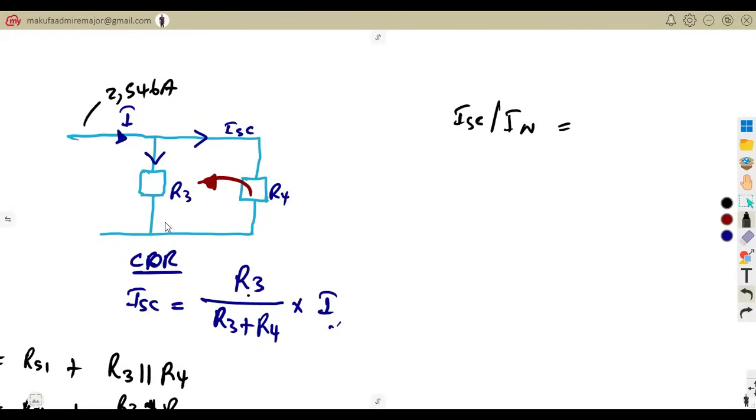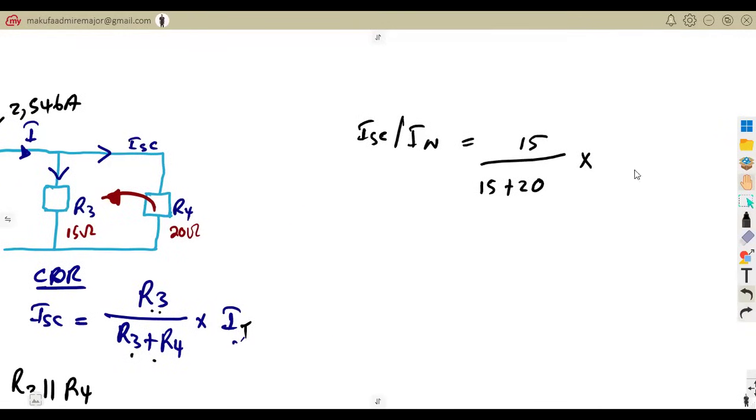So that's R3 on top. What were the values there? Remember, R3 was 15 ohms and R4 was 20 ohms. So it's going to be R3, which is 15, over the sum R3 plus R4. So that's 15 plus 20. Whatever you get here, you multiply by the total current, which is the one that we calculated there, 2.546 amps.